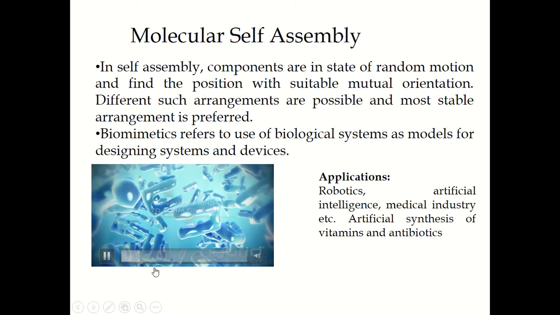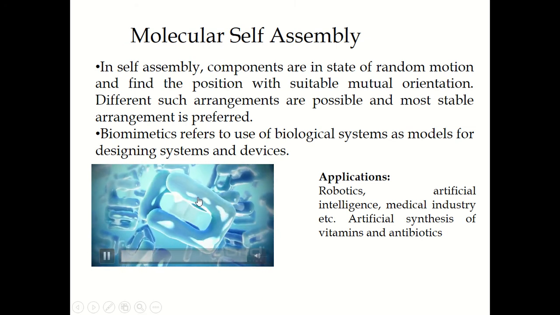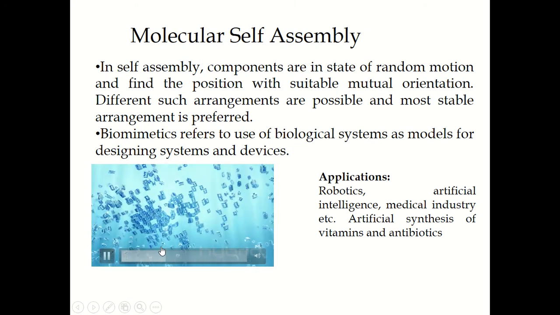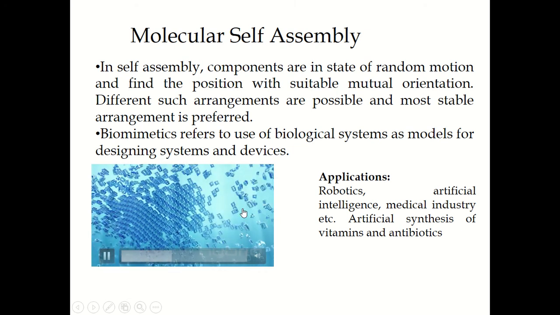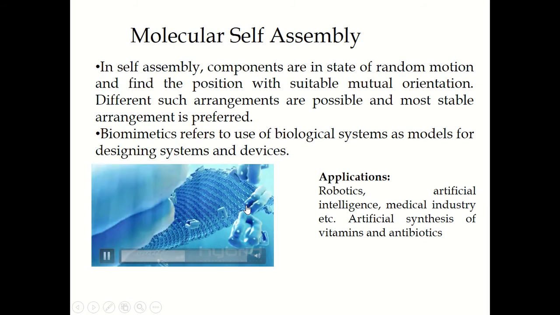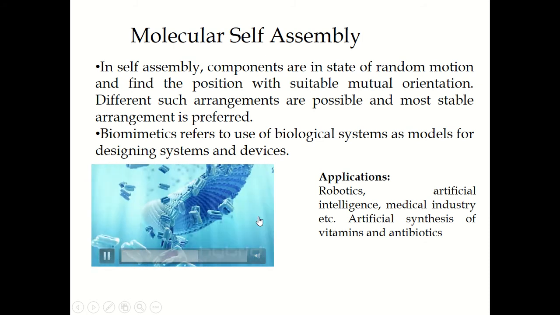So all these are monomers. These monomers combine to form dimers, and then these dimers arrange by themselves to form a sheet. So this sheet is a two-dimensional sheet, and then this sheet is rolled up further.